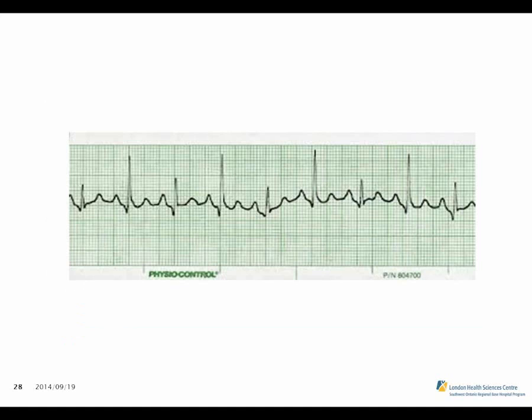This next ECG shows what's called electrical alternans, and you can see between each QRS complex, the amplitude changes from large to small to large to small, back and forth. What this is, is that the heart is sitting in a bag of fluid.